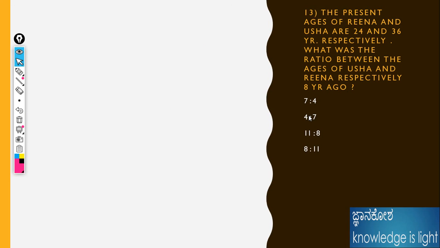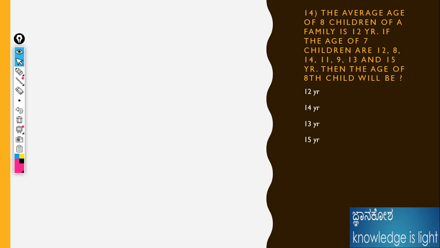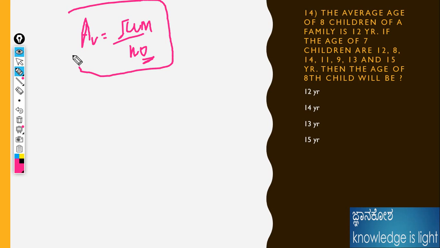Okay, let's move on to the next question. The average. This is the average topic. We are already aware of it. I will cover averages in future. Average is equal to sum of observations divided by number of observations. This is the formula for the average. The average age of 8 children of a family is 12 years.